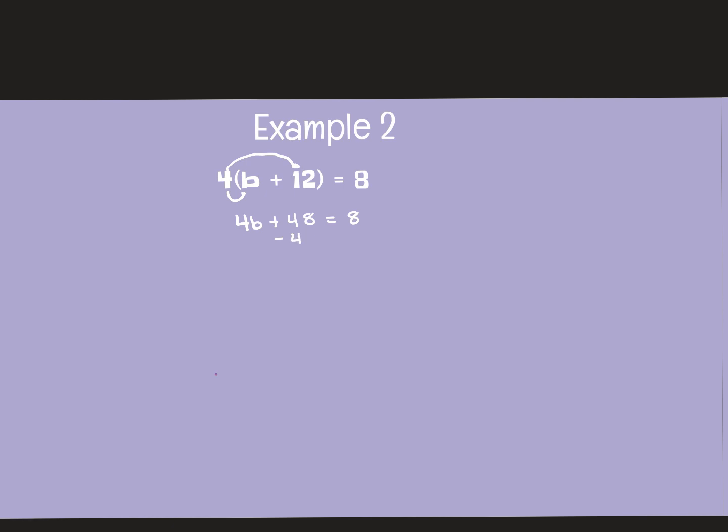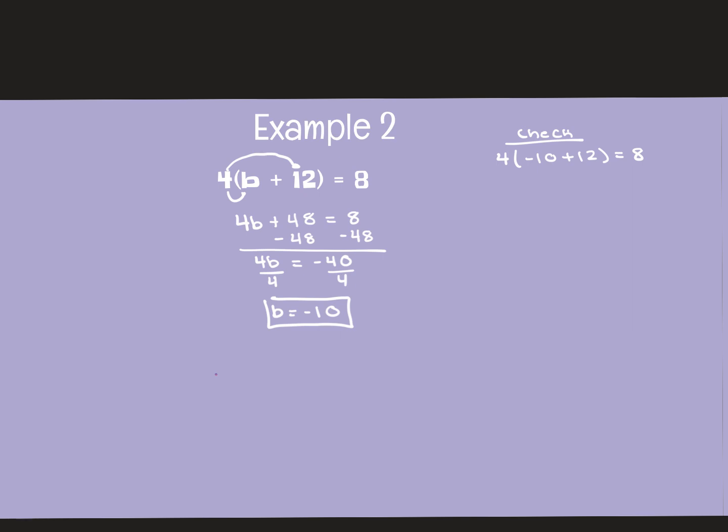So I'm going to subtract 48 from both sides, and we're using inverse operations. I have 4b is equal to negative 40. Divide both sides by 4, and I get that b is equal to negative 10. Again, we can definitely check our answers. You can always check your answer, and I did not do that in the previous problem, but you can definitely check your answer by plugging in that value, using the substitution property or replacement values.